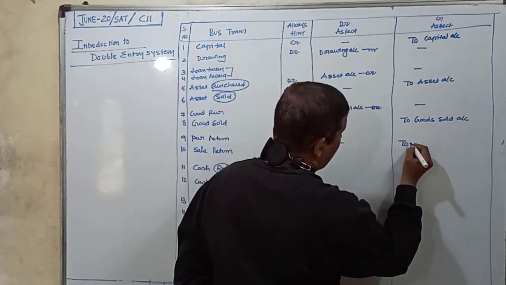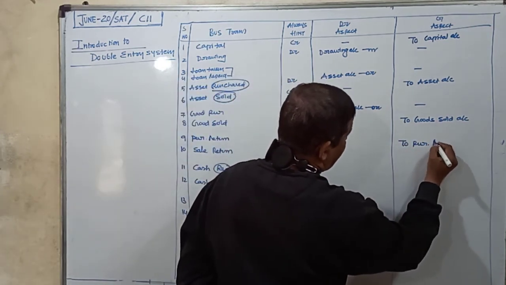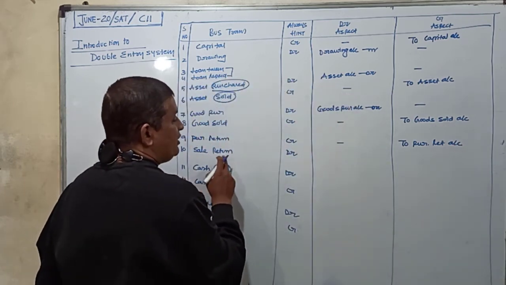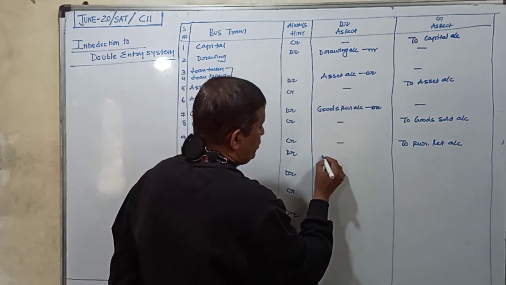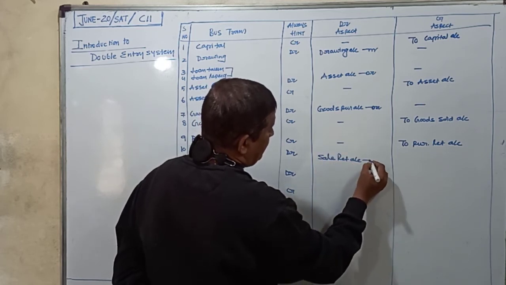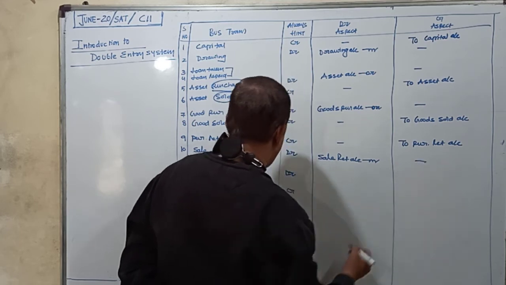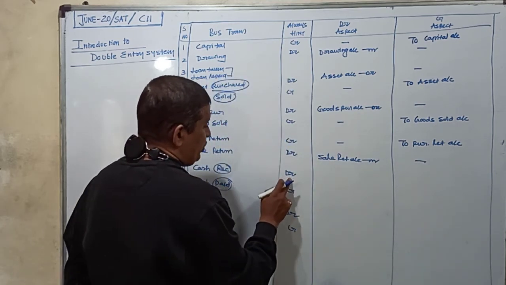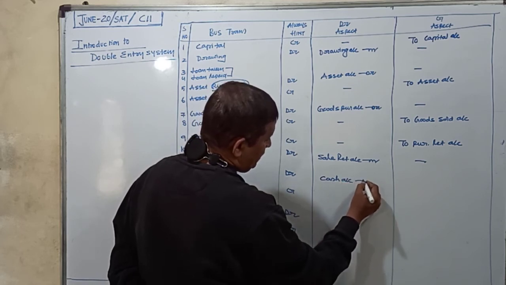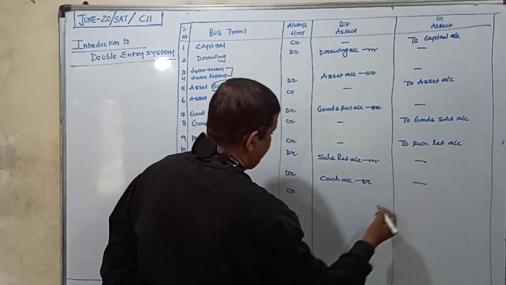Sales return always debit, so sales return account debit. Cash received always debit, so cash account debit.